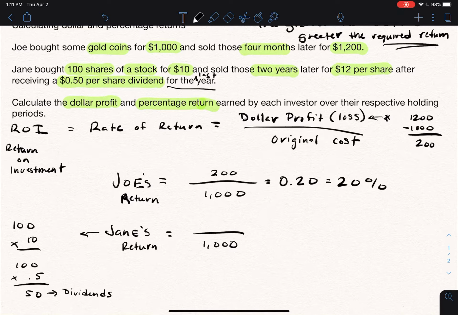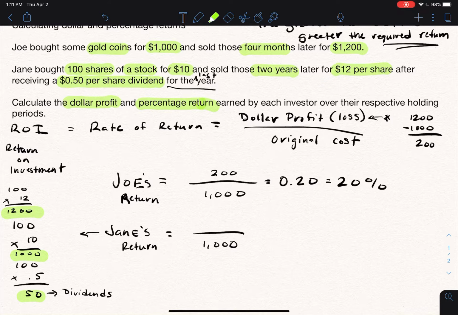Okay. And then on top of that, she also sold those 100 shares at $12 a share, right? So she sold for $1,200. So she bought for $1,000. Let me see if I can highlight this so you can see these totals. She bought for $1,000. She sold for $1,200, but not before taking $50 in profit for herself.